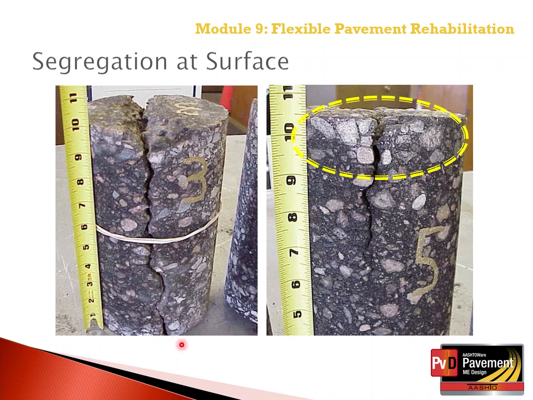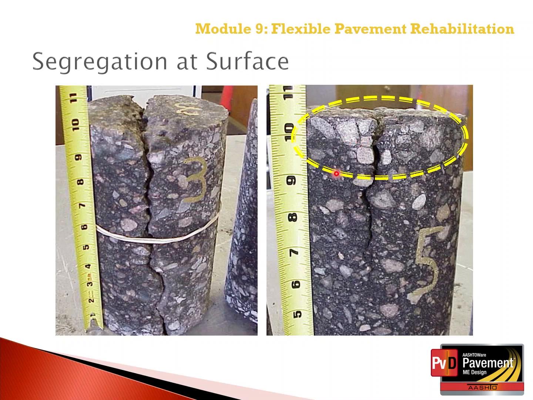This design strategy would be more severe to include cold in place recycling. It's probably too thick for full depth reclamation, but cold in place recycling with thicker overlays and maybe some kind of reflection crack mitigation technique.